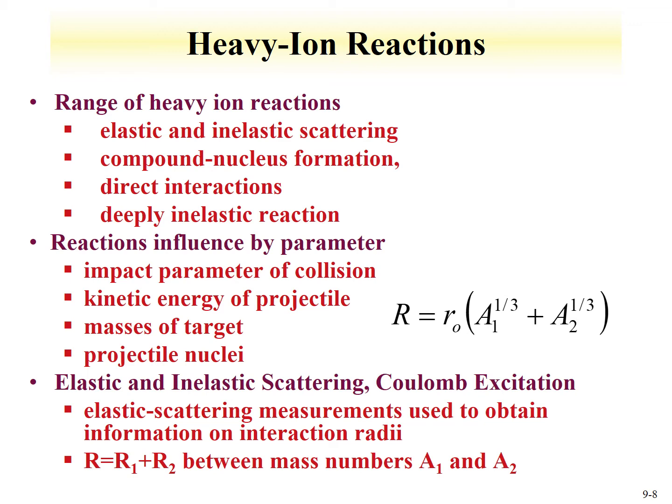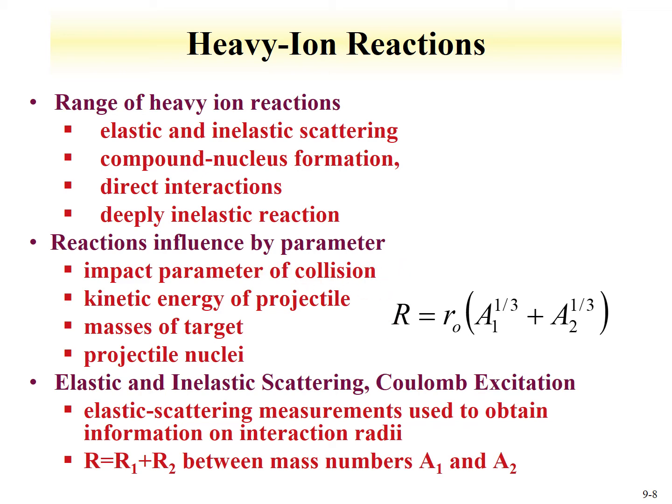One of the main differences between a heavy ion and a light ion like a proton is that the heavy ion can donate some of its nuclear matter to the reaction during the reaction, whereas a proton is either all or nothing. These reactions are influenced by the reaction parameter, which is a function of the impact parameter.